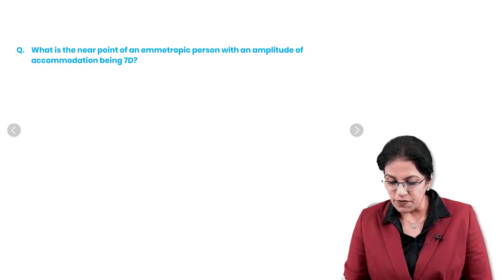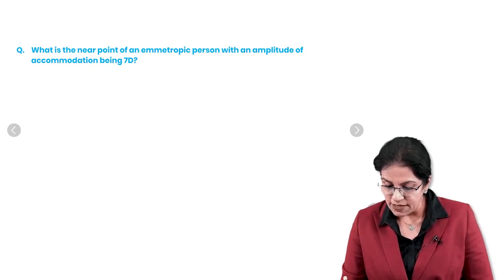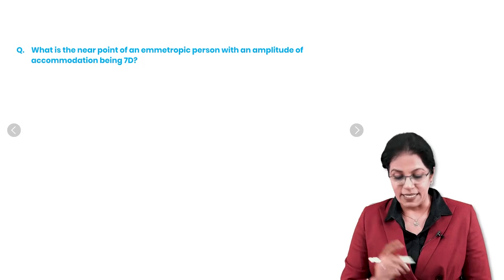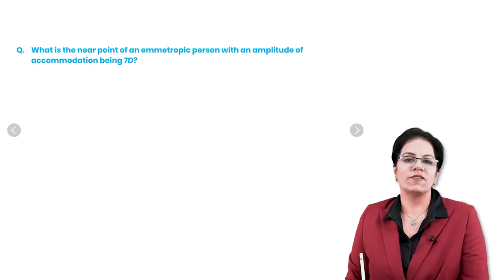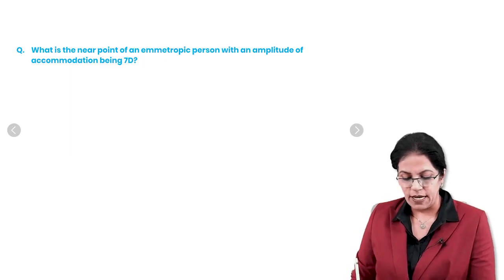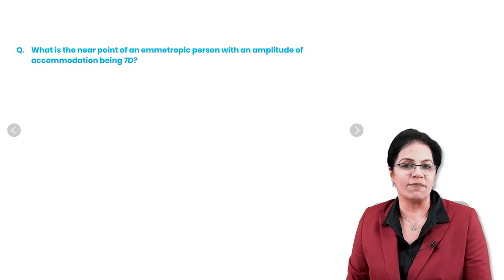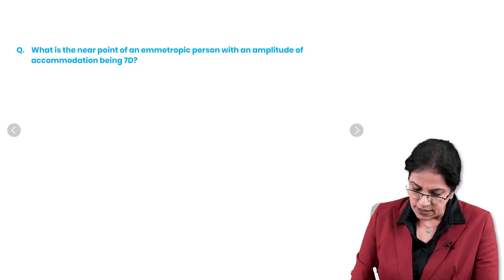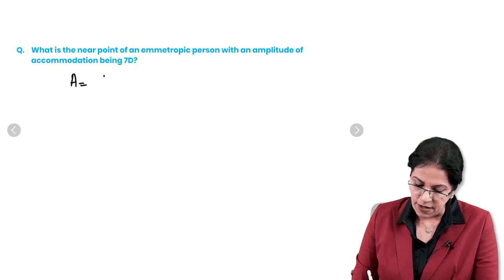What is the near point of an emmetropic person with an amplitude of accommodation of 7 diopters? We go back to our same formulas. Amplitude of accommodation is equal to power at the near minus power at the far.